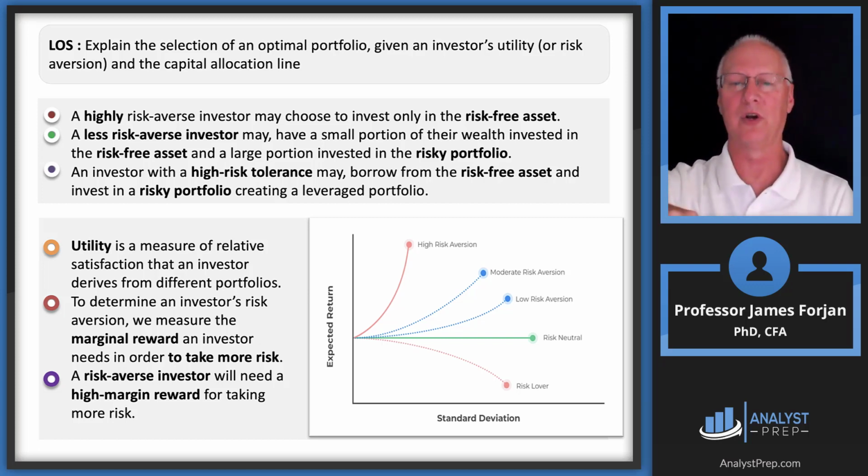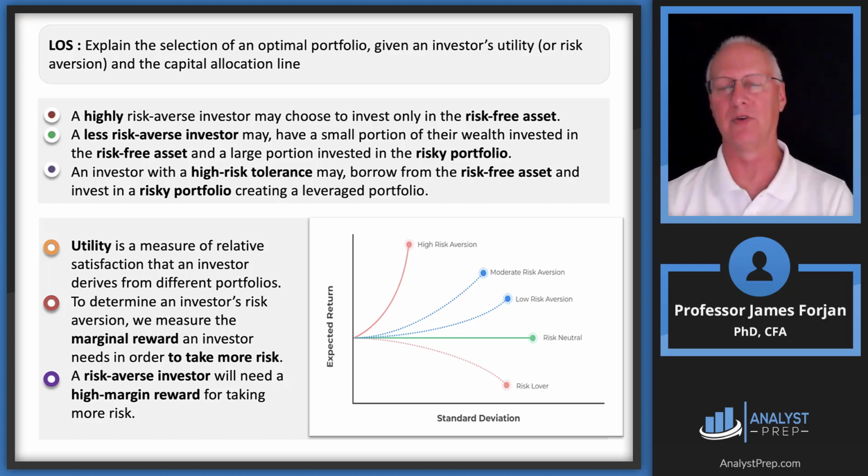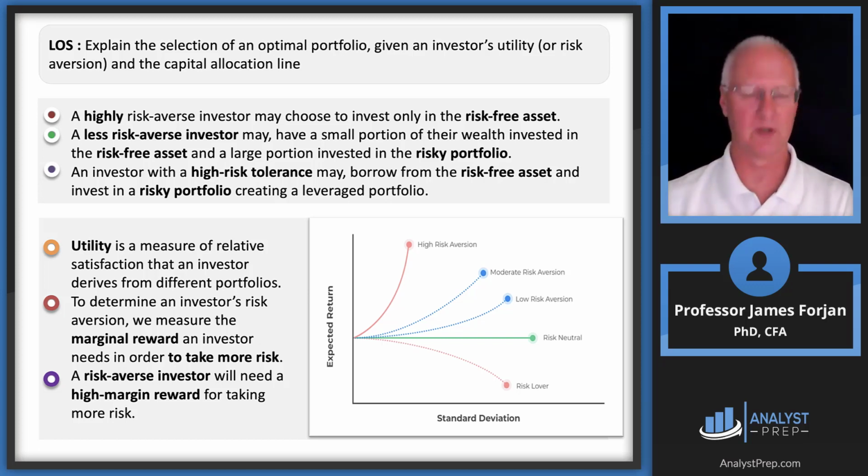Those are the two blue curves there. Or you might have high risk aversion. Very conservative investors have high aversion to risk, so they require lots and lots of extra expected return for taking teeny amounts of risk. Teeny amounts of risk, that's not a finance term.